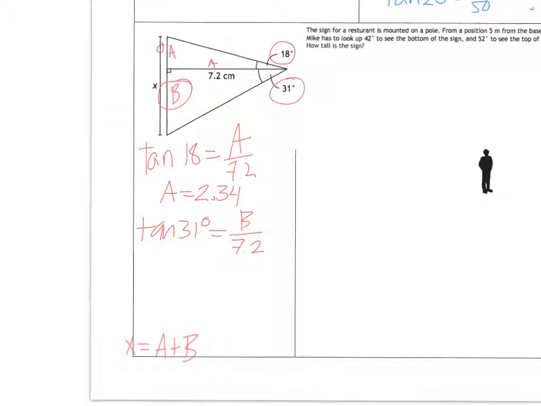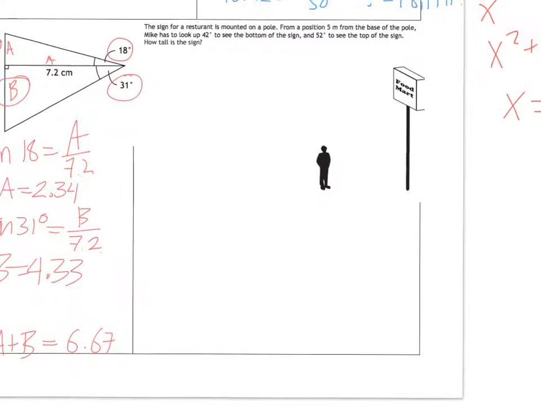So 7.2 times tangent of 31. And we get b equals 4.33. When I add those together, we get 6.67. And that's equal to x.